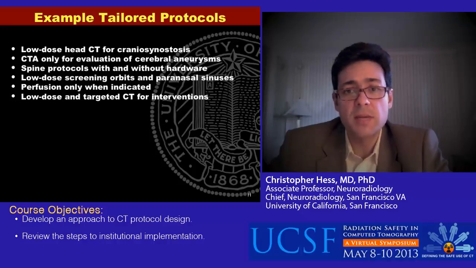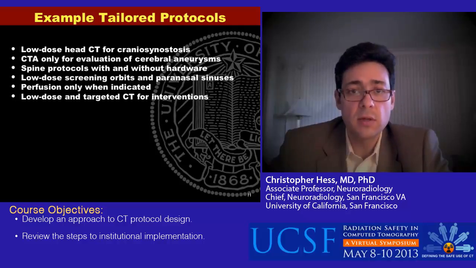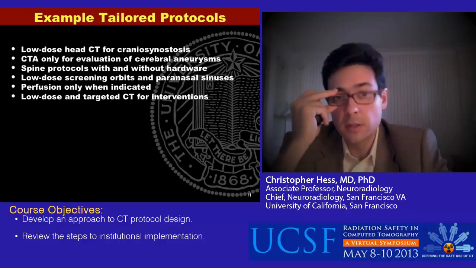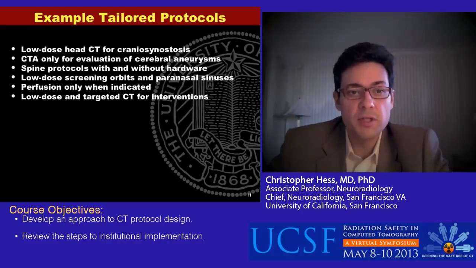Higher dose examinations, or the potential for higher dose, like single level acquisitions, such as with perfusion imaging, are often done in practices, especially with patients with stroke. In our case, we have avoided doing those examinations unless they are absolutely indicated.